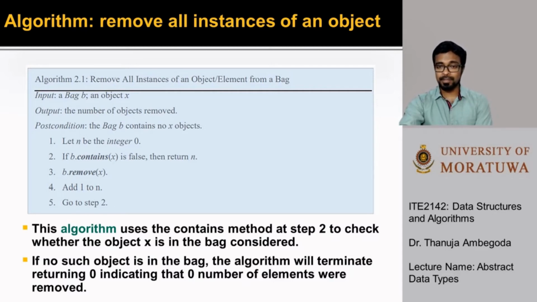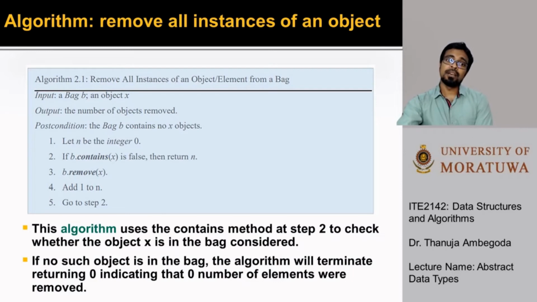It's a loop. Again, we check if there are any copies of X. If there are no more copies of X, this part becomes false. Then n is returned, and the algorithm stops its iteration. The value of n was 1 because we added 1 in the last iteration.